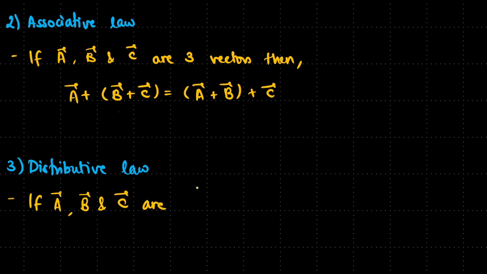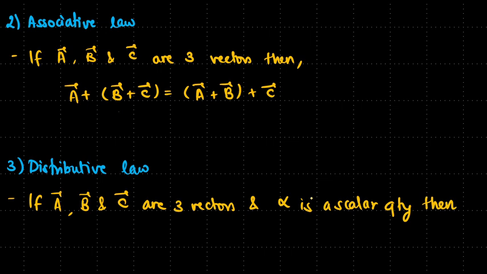If A, B, C are three vectors, and alpha, which is just some symbol, you can use any symbol, I'm choosing alpha in this case, is a scalar. A scalar quantity does not mean it can only be a number; it can also be a length, time, anything, but a scalar quantity. I'm just saying a length or a number for simplicity's sake.